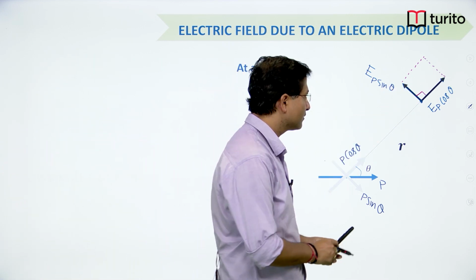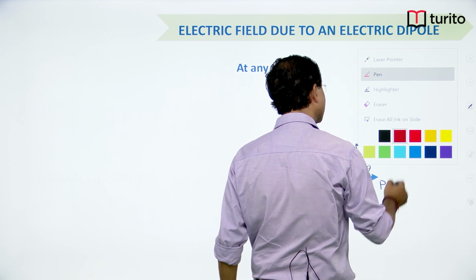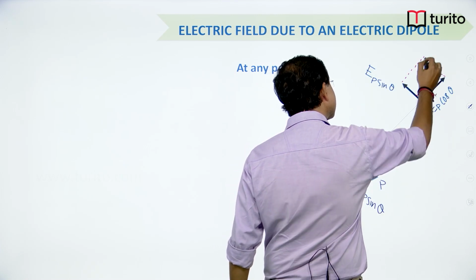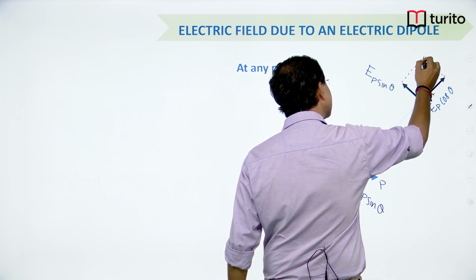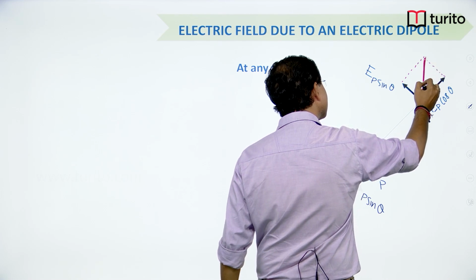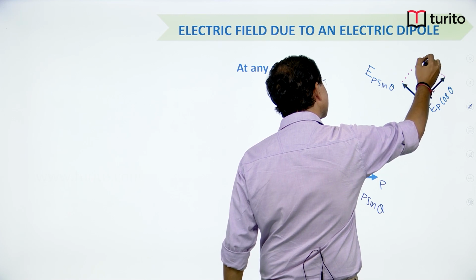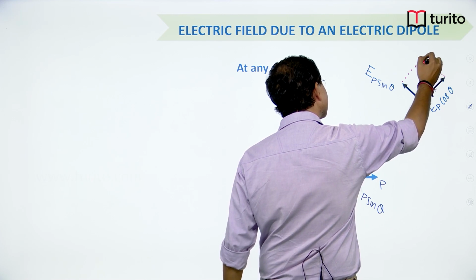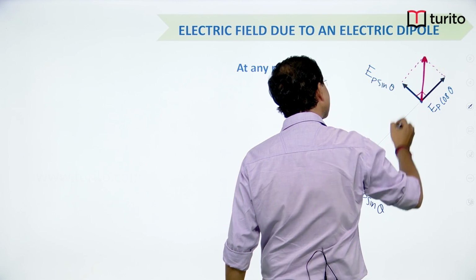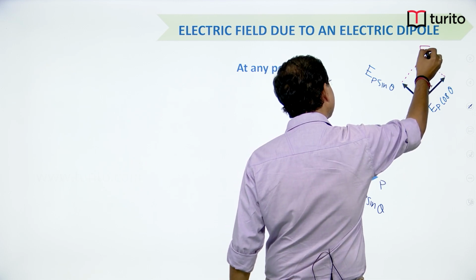I need to add them vectorially. So the resultant will be something like this. This is the net field.